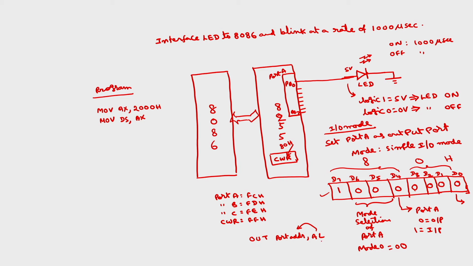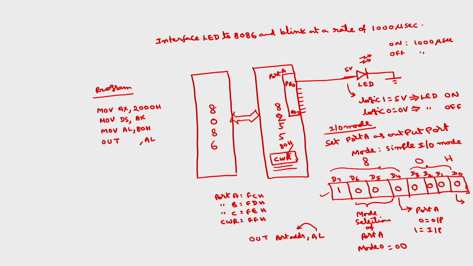Similarly, if it is 16-bit data, we can have OUT port address, comma AX. But here we are assuming only 8-bit port addresses. First I have to set the control register, I have to load it with 80H. Whatever data I want to output, first you take into the AL register by default. Then OUT, AL to which port?